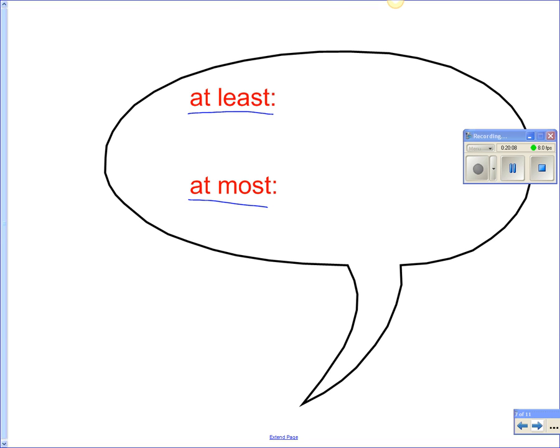I want my mom to give me $30 or what? What else am I okay with? More. At least means greater than that. So at least means greater than or equal to, and we could also put the symbol.